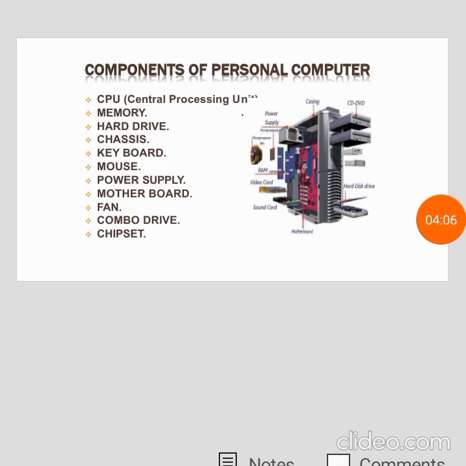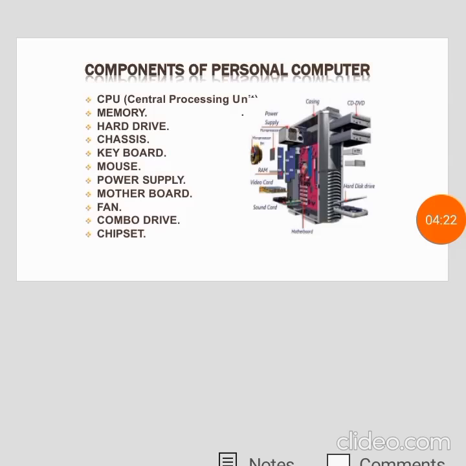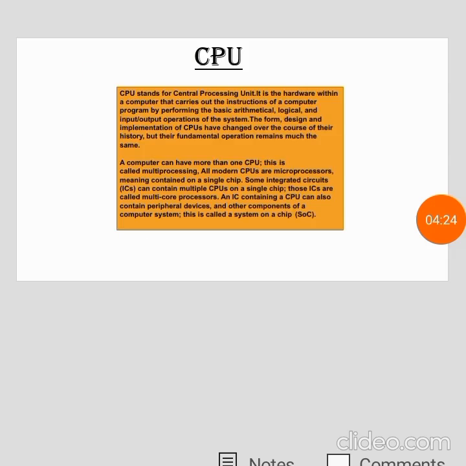Now there are the components of a personal computer. Let's have a look at them. The CPU, memory, hard disk, keyboard, mouse, power supply, motherboard, fan, and chipsets are all the components of a personal computer. Now there are details of these components. The first is the CPU. CPU stands for Central Processing Unit.